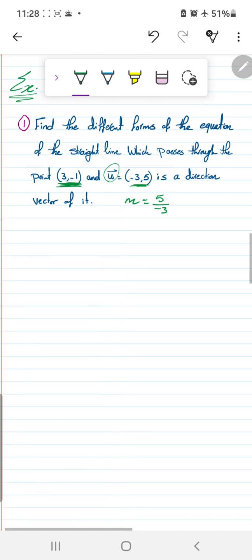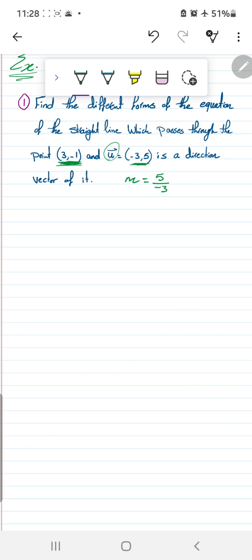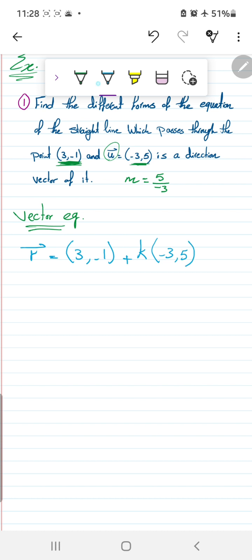Okay, let's solve. First, the vector form or the vector equation. What is the meaning of vector equation or vector form here? R equals the point 3 and negative 1 plus constant k times u, here negative 3 and 5. It's very easy. What about parametric form?